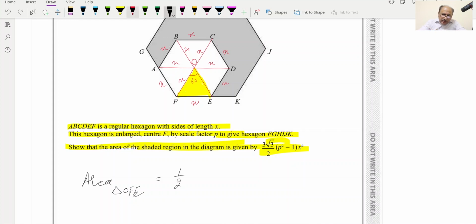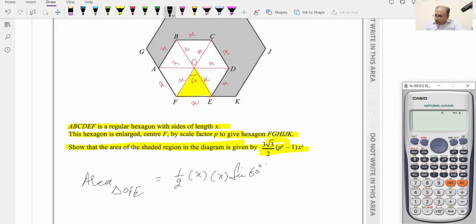Each side is x, so we can write x into x into sine of 60-degree, and sine of 60-degree is equal to under root 3 by 2.